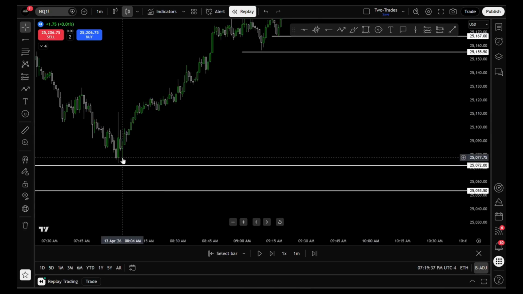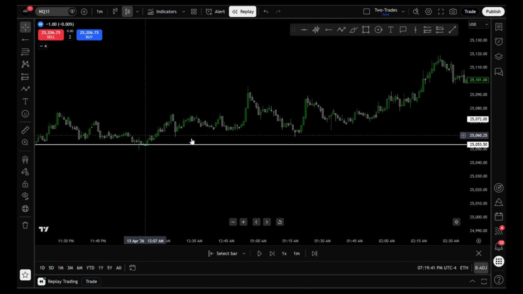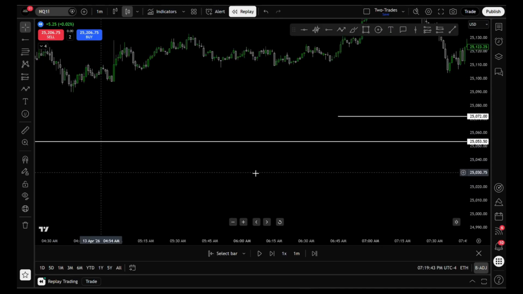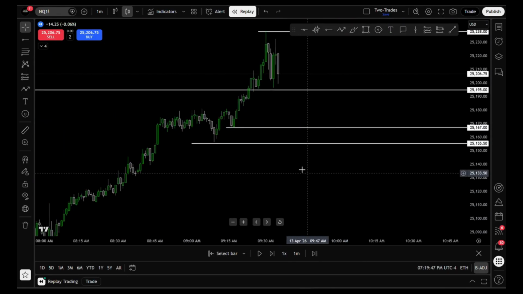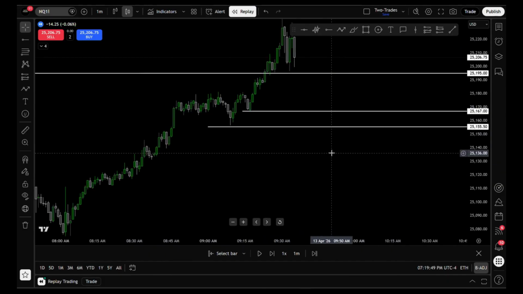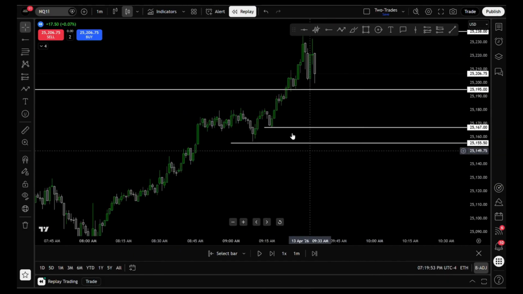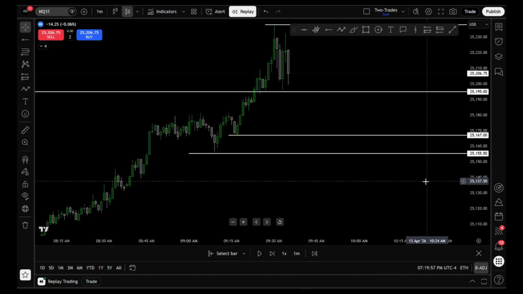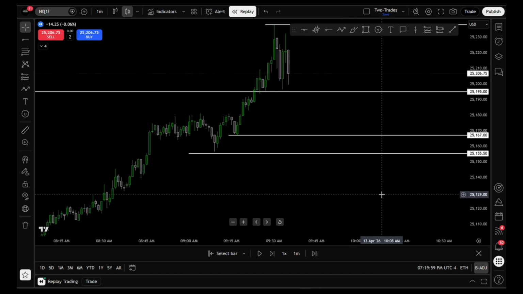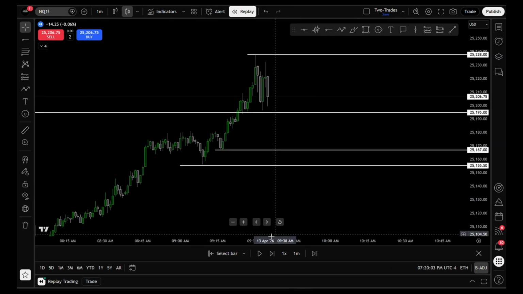You know, we have these lows that we marked out, we have these lows over here that we had marked out. Nobody knows where it's going to stop, so any one of these key levels will do. It doesn't matter which level gets hit. I just need a level to get hit and then an inverse fair value gap as my entry to place my trade, right? So we'll go ahead and advance the chart a little bit and see what happens.